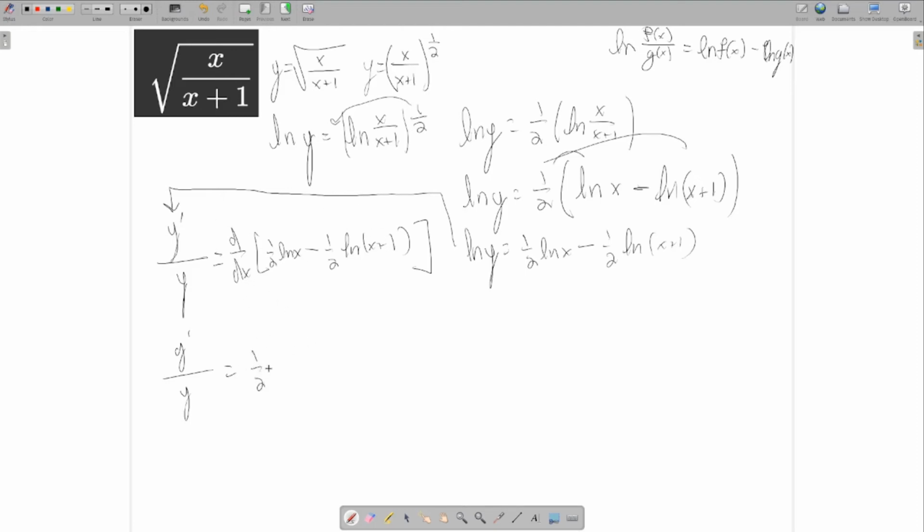1 over 2 times 1 over x minus 1 over 2 times 1 over x plus 1. Simplify further. Y prime over y equals 1 over 2x minus 1 over 2x plus 2.